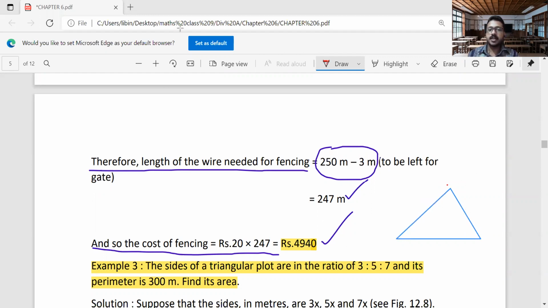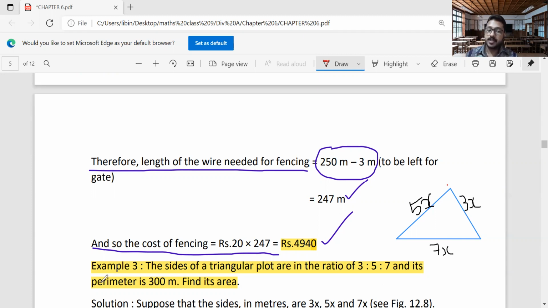We have a triangular park, and the sides of the triangular plot are in the ratio 3:5:7. So if we are taking it in meters, then we can write the lengths as 3x, 5x and 7x. These are the lengths of the triangular plot.